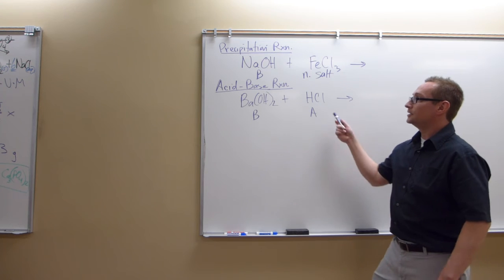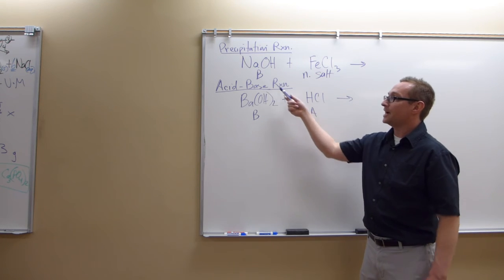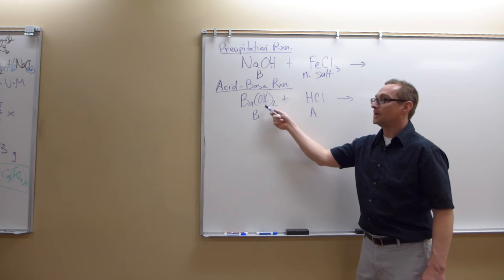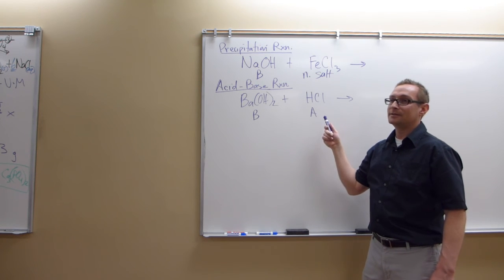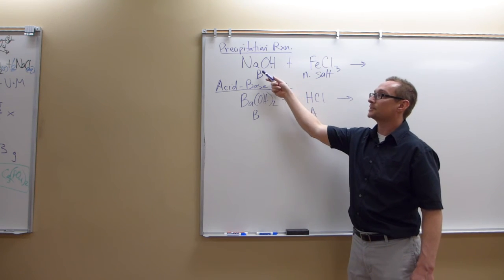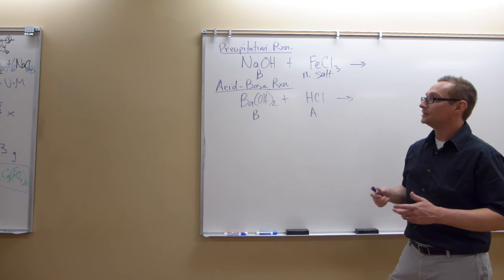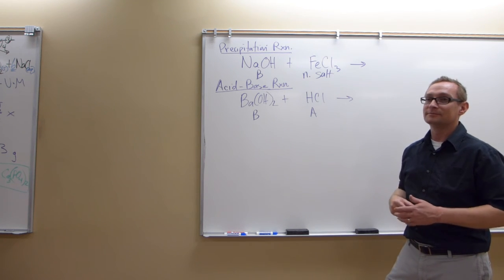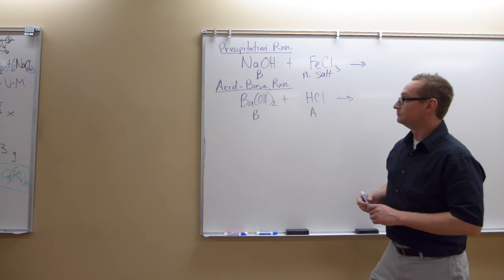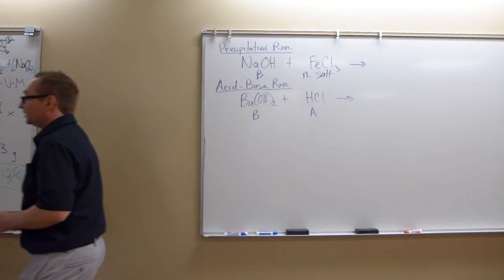So can you see the difference? In order to have an acid-base reaction, you have to have a base and an acid. Whereas if you only had an acid or a base by itself, but the other one wasn't an acid or base, then it'd have to be something different.